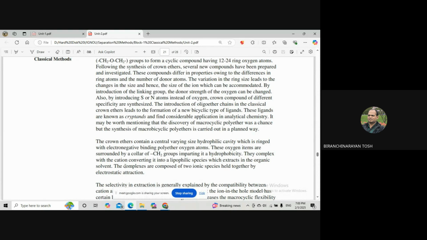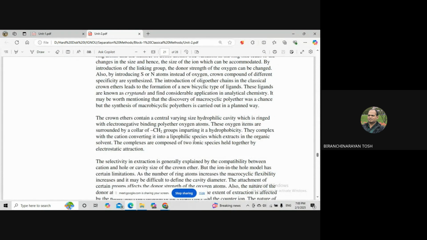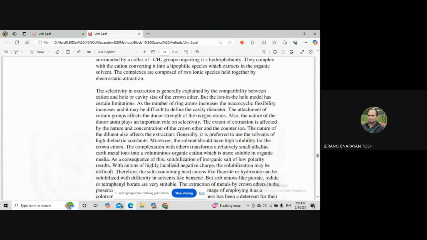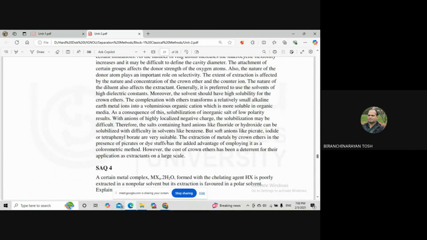A complex with the cation is converted into a lipophilic species which is extracted into the organic solvent. The complexes are composed of two ionic species held together by electrostatic attraction. So these are some examples of different types of solvents or components which are used for extraction.